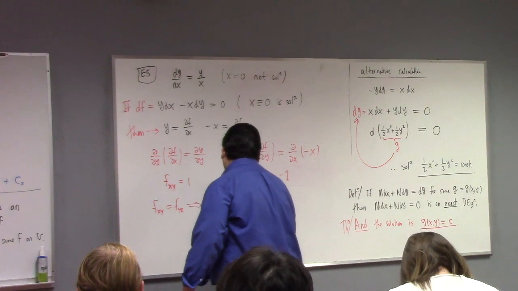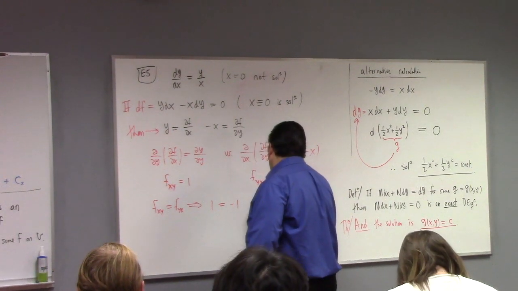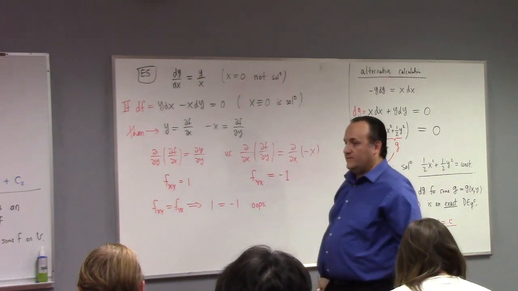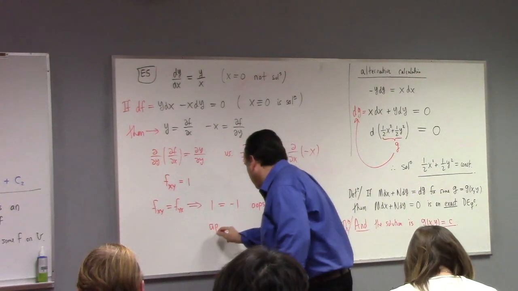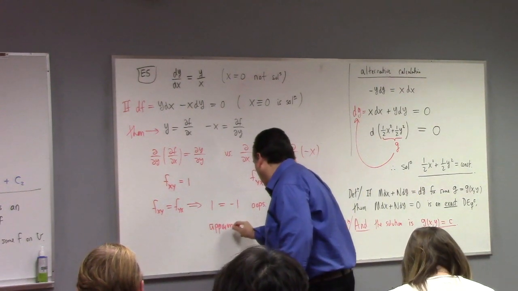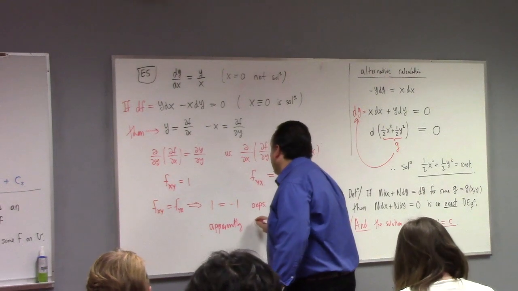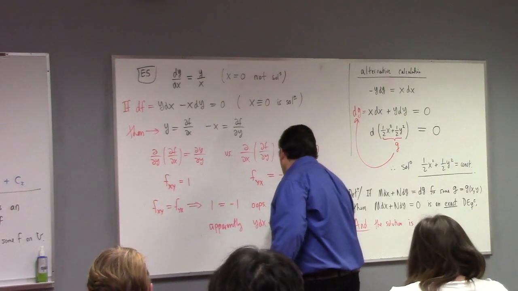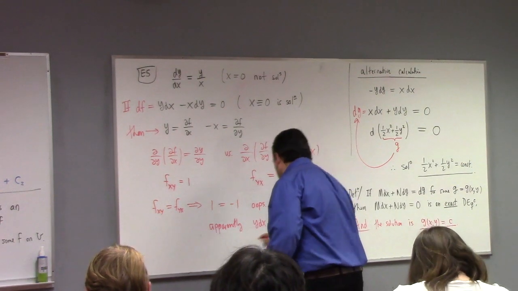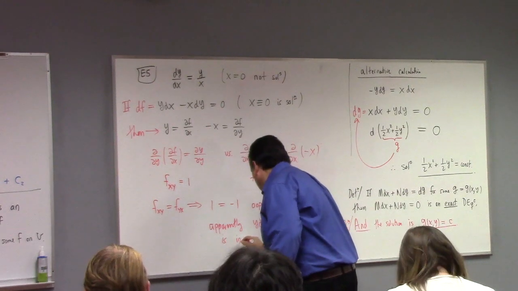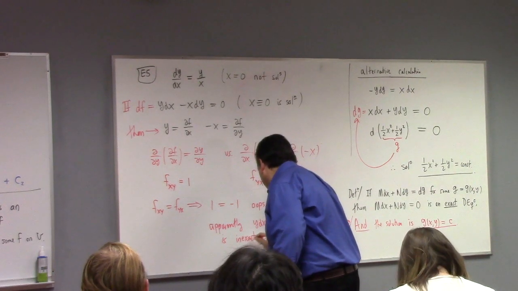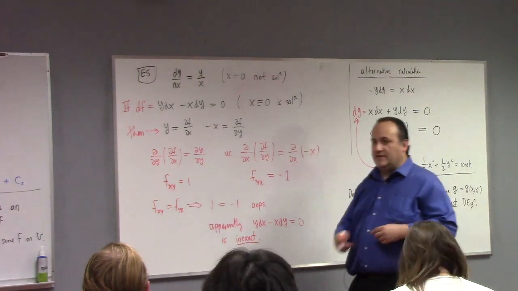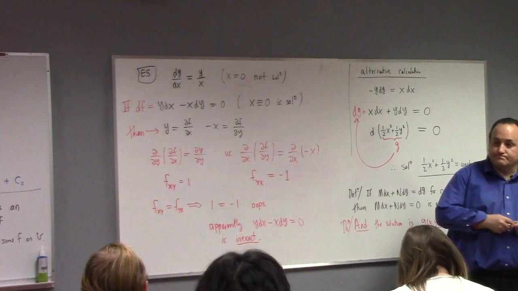One equals minus 1. Oops. So apparently y dx minus x dy equals 0 is inexact. It's not an exact equation.